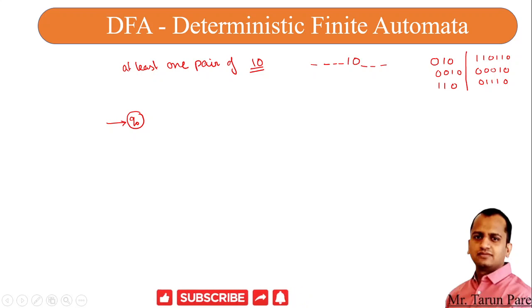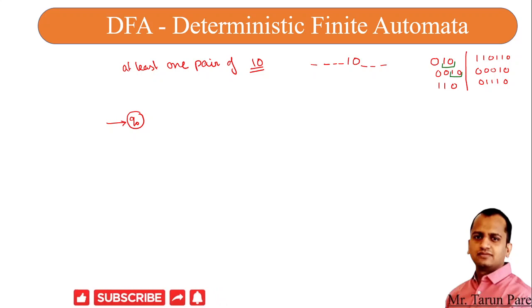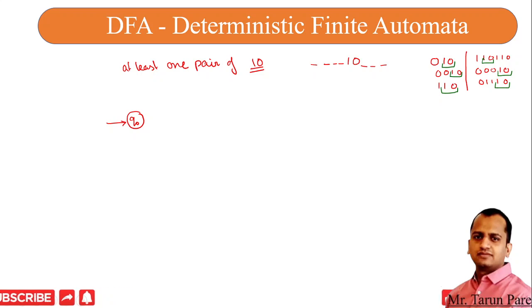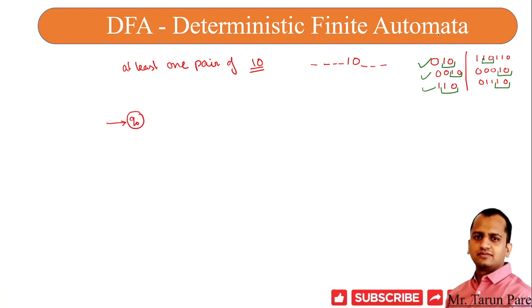In all the strings you come to know that at least one pair of 1 0 is available. So we have to create the DFA which supports such kind of input values.